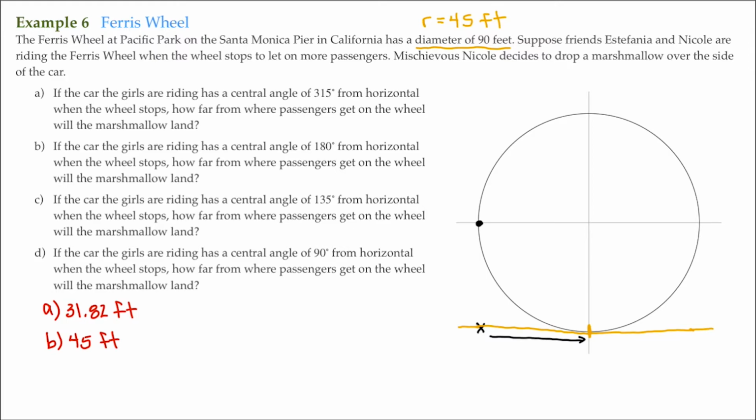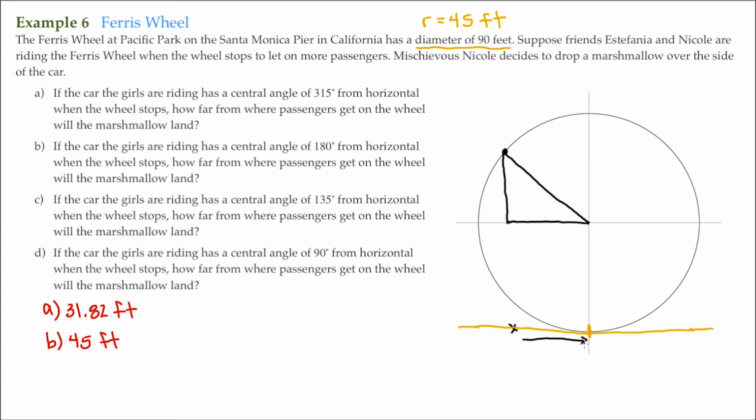Let's try C. If the car the girls are riding has a central angle of 135 degrees from horizontal when the wheel stops, how far from where the passengers get on the wheel will the marshmallow land? 135 degrees, that's up here. Again, we have another special right triangle. That's going to form our 45, 45, 90. If this is where the girls are riding and they drop a marshmallow, it lands right here. How far is that?